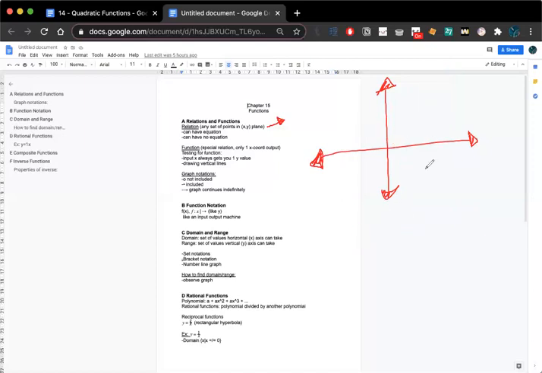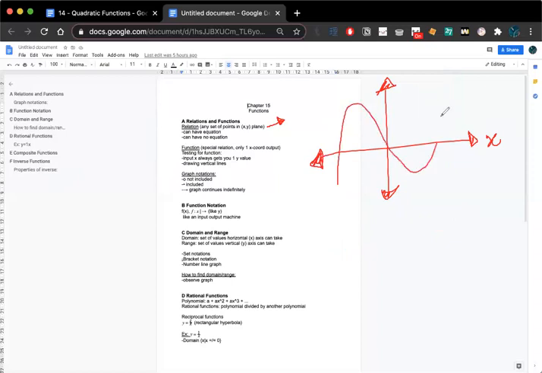And for equations, we also have a special equation, which is called a function. A function is one of the special relations because it only has one output for each x coordinate.